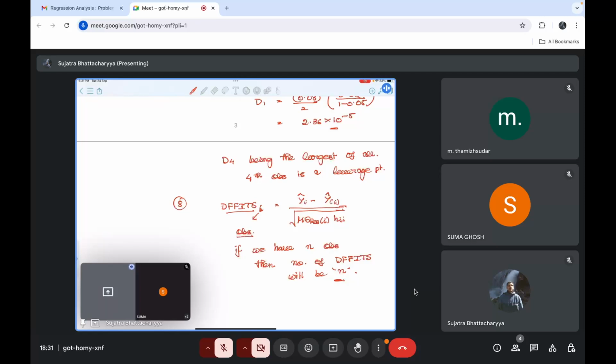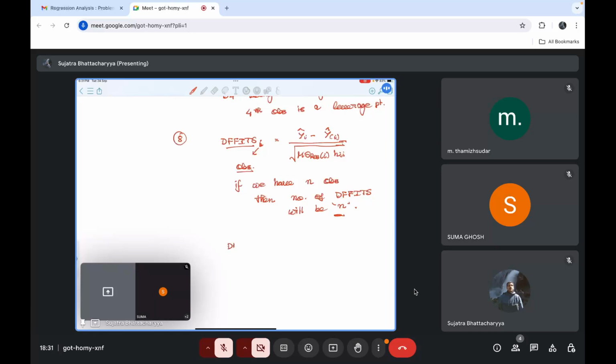But had it been DFBETA, let me just give a small thing. Suppose it is DFBETA. So DFBETA depends on both i and j, where i is the observation, j is the number of regression coefficients or unknown parameters. In this case, they say that there is one regressor.